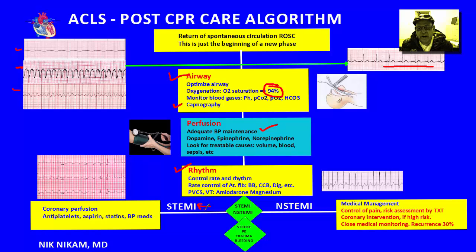We can in fact further evaluate these patients by provoking myocardial ischemia in a nuclear stress lab, and if there is evidence of reversible ischemia, then these patients should go for cardiac catheterization, all the subsequent treatments just like the STEMI patients undergo. If this is not a cardiac event, the next thing is we come down the line and evaluate the patient for the possibility of a pulmonary embolus, trauma, bleeding, or stroke.